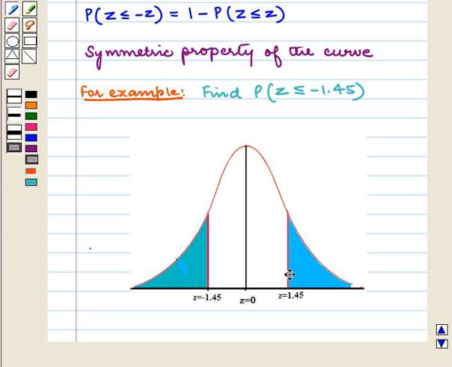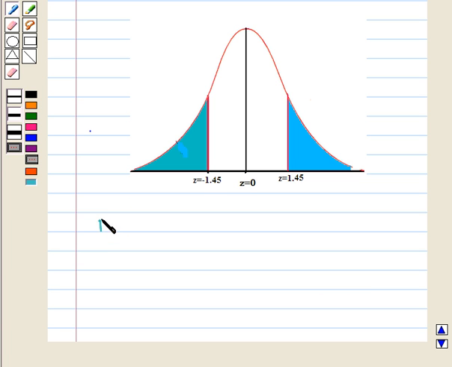Now see by symmetry, area lying to the left of z is equal to minus 1.45 is equal to the area lying on the right of z is equal to 1.45. That is, probability of z less than equal to minus 1.45 is equal to probability of z greater than equal to 1.45.